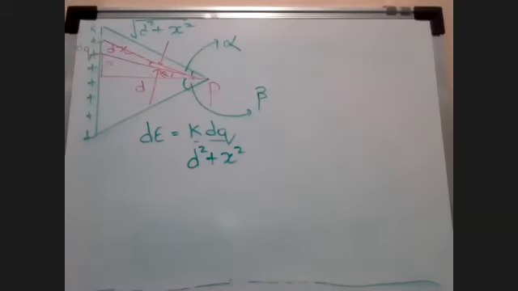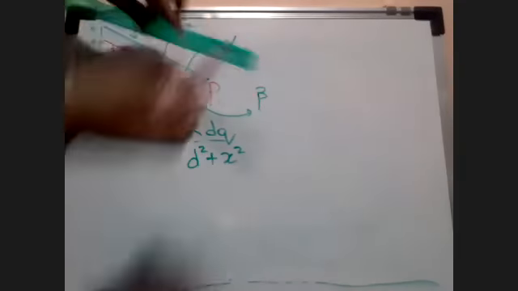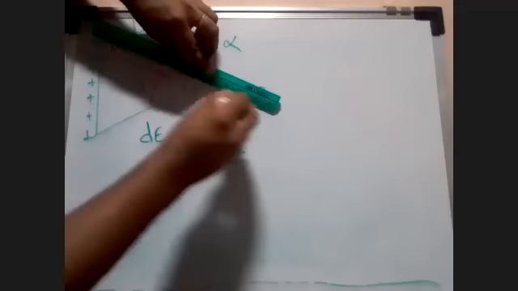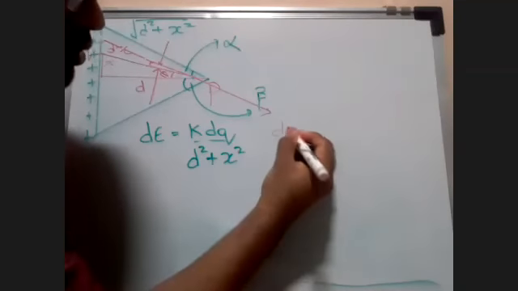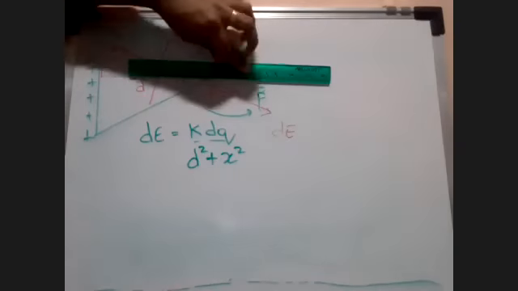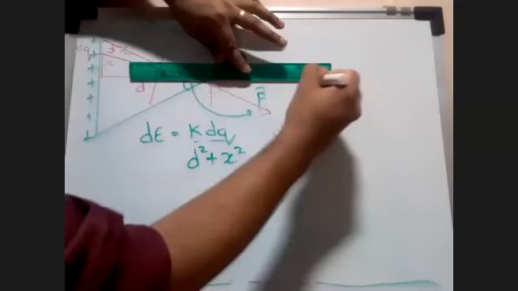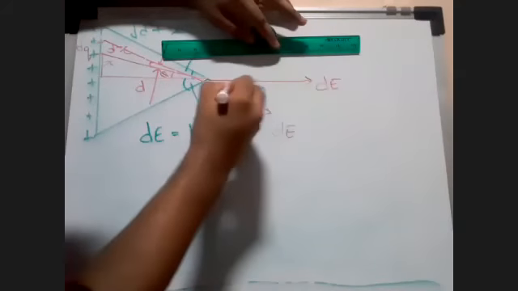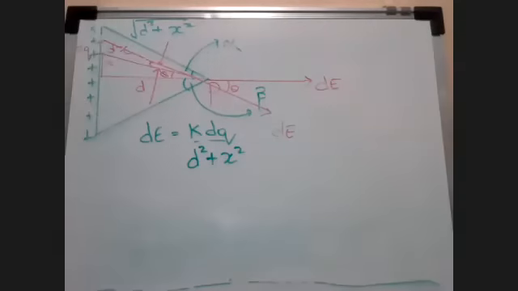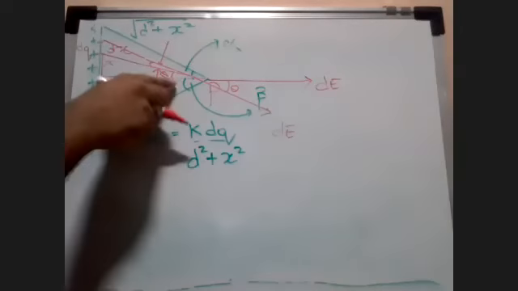Great till now. So right now what we have done is simply found the electric field intensity at this point, which is at distance d. But we are not interested in that. We are interested in the component along the x-axis, that is dE making a certain angle theta. Remember that this beta over here is actually the angle between this.